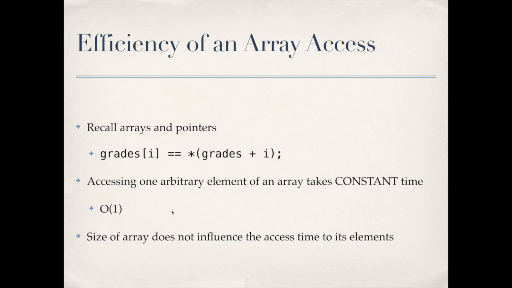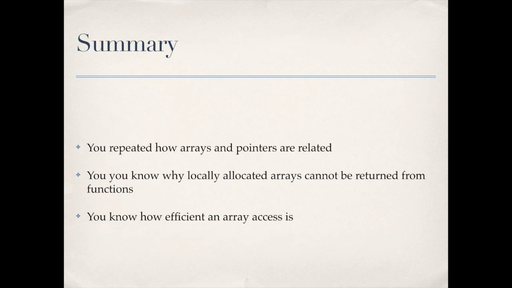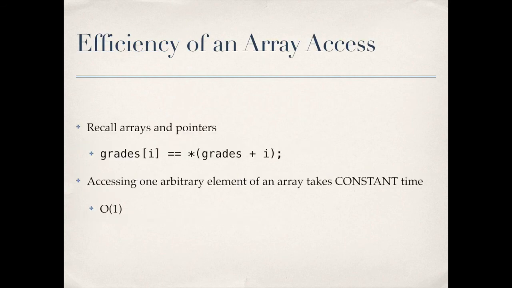Okay, this is just to give you a first idea how we are considering efficiency of algorithms, and you have seen here that we are writing this down with the big O notation.